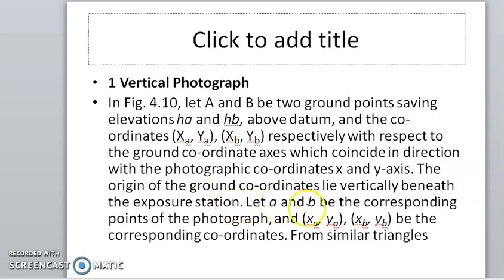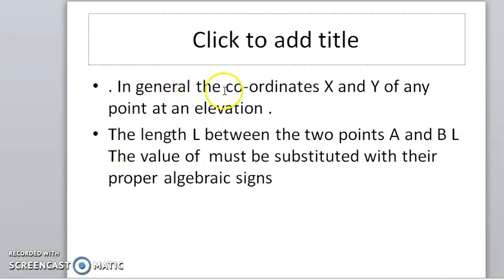Let a and b be the corresponding points on the photograph, with coordinates xa, ya, xb, yb. From similar triangles, we get the general coordinates X and Y of any point of elevation h, and the length L between two points A and B. The values must be substituted with their proper algebraic signs.